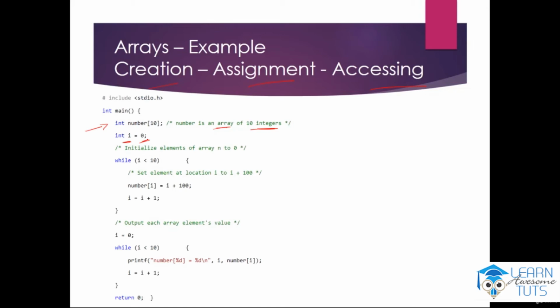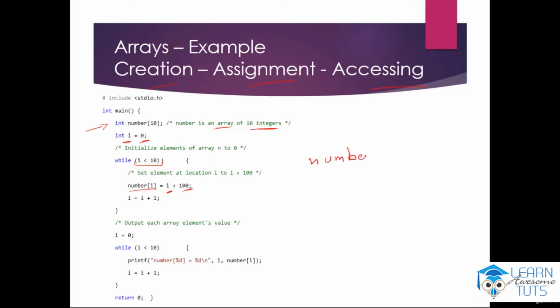This is a variable i that is initialized with 0, and then while i is less than 10, each element of this array will have the value of i plus 100. So the initial value could be number[0] equals 100. Then it will be 1, the new value of variable i, and the element number[1] would be 1 plus 100.